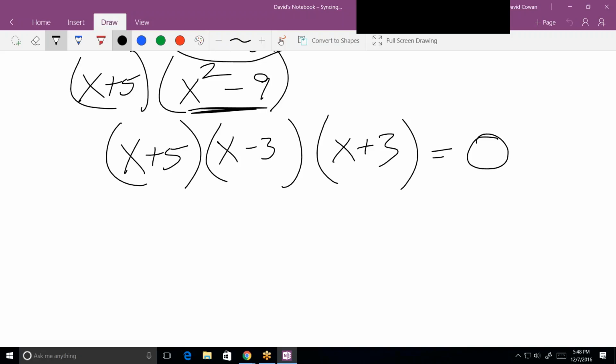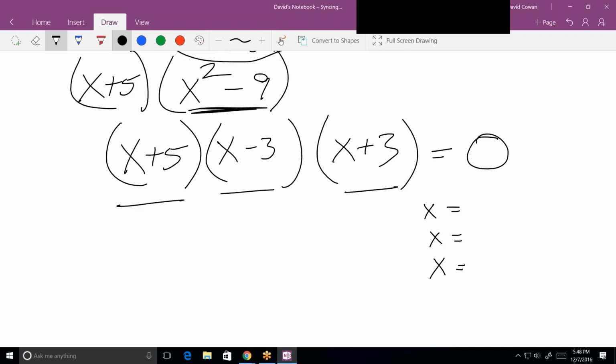You cannot multiply three numbers together and have the answer be 0 unless one of those numbers is 0. So the way you solve these, you set that equal to 0 and solve. You set that equal to 0 and solve, and you set that equal to 0 and solve. So I end up with three solutions. What are they?